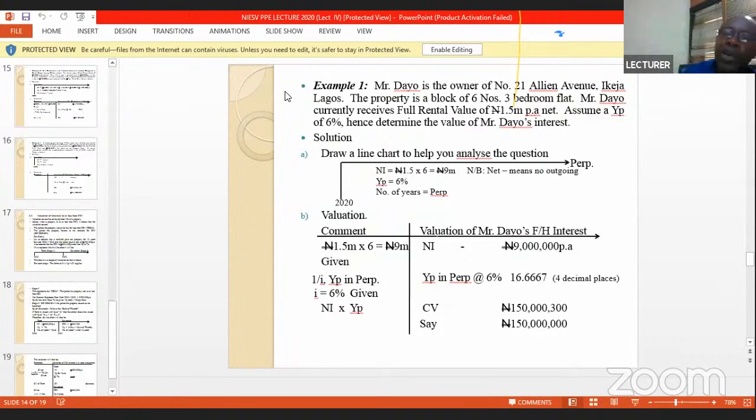The valuation proper. The format you see on your screen is the valuation format. If you don't present your valuation in this format, and you're my student in school, you will lose some marks. The reason is that if you don't form the habit of putting your valuation in this format, when the chips are down, you will present a valuation that is not formatted.